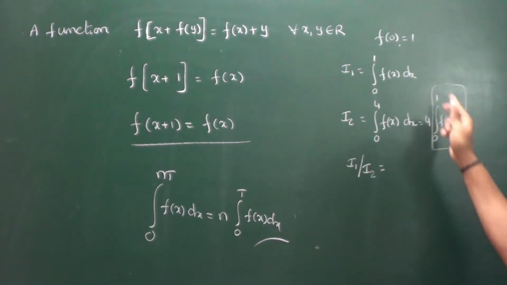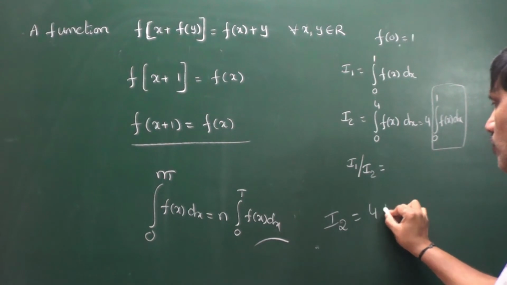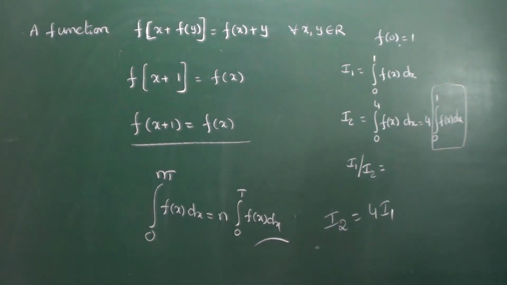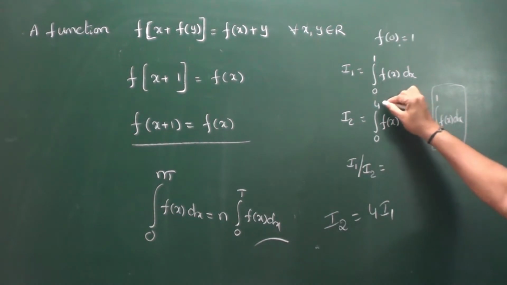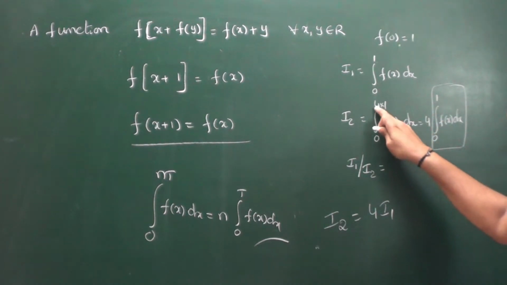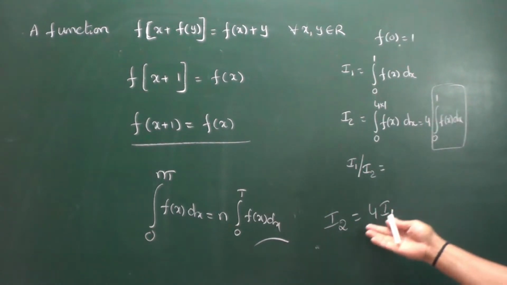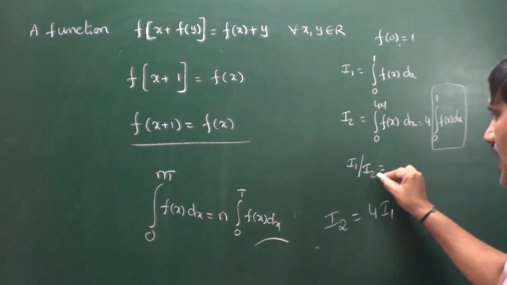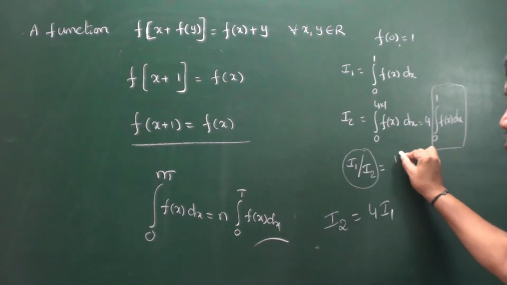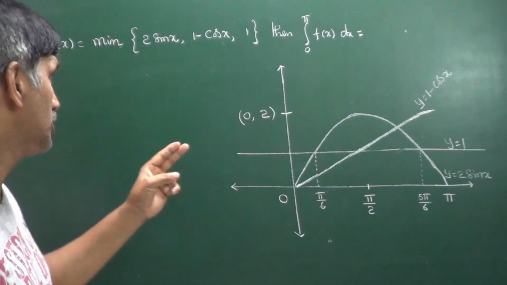Yes or no? That is I1. So we got the information I2 is equal to 4 times I1, because f of x is a periodic function with period 1. Integral 0 to nt, we can write n times 0 to t. So I2 is equal to 4 times I1. That's why I1 by I2 value is equal to 1 by 4. Right? Let's have another question discussion.